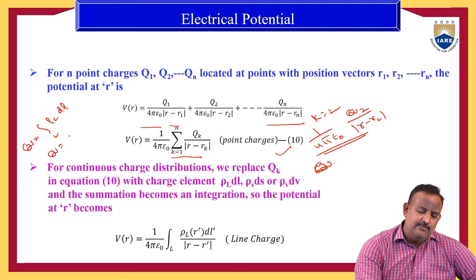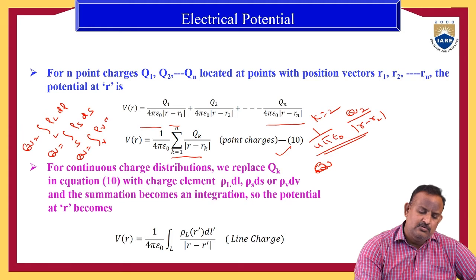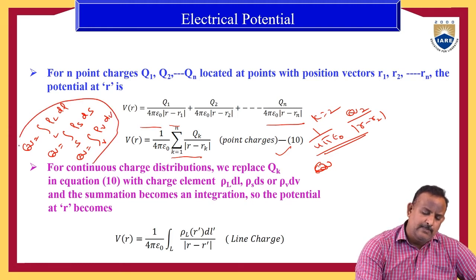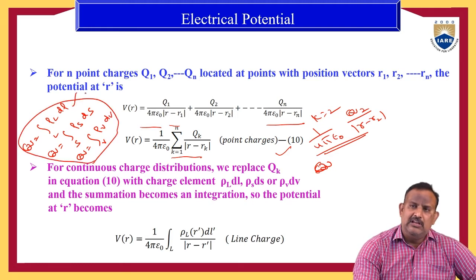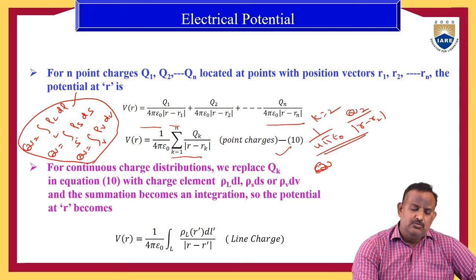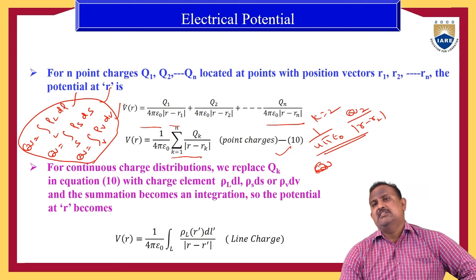For surface charge, it is the surface integral of rho S into ds. For volume charge, it is the volume integral of rho V into dV. So we need to substitute these in place of Q.